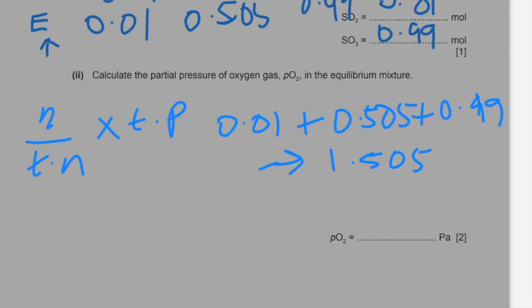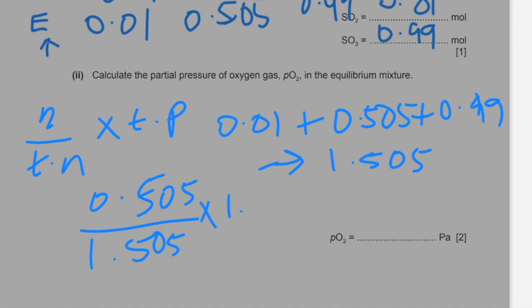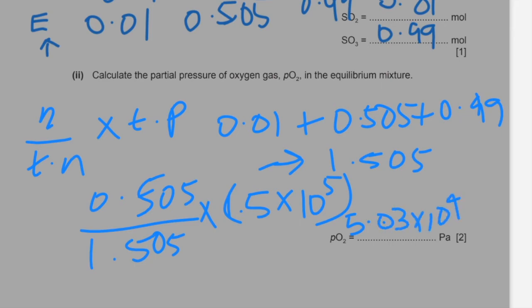And for oxygen, we can use the value 0.505 divided by 1.505 times the total pressure, which is given in the question as 1.5 times 10 to the power of 5, and this gives the partial pressure of oxygen as 5.03 times 10 to the power of 4.